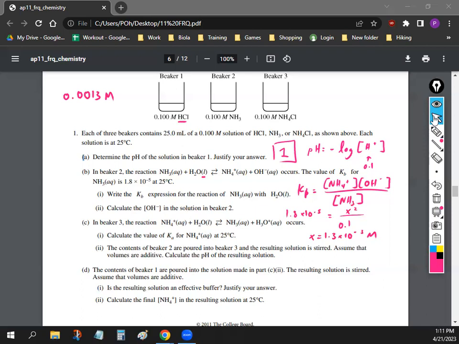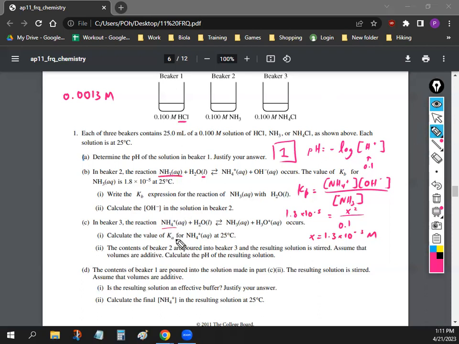All right, let's move on to part C. Part C1 is pretty simple. You should be able to identify that this acid reaction right here is just the reverse of this one.